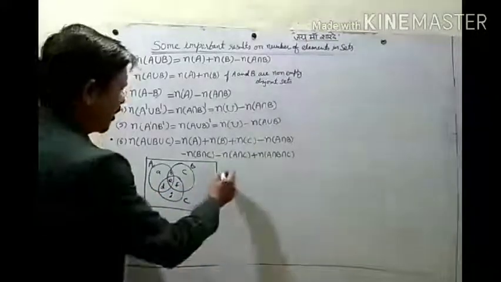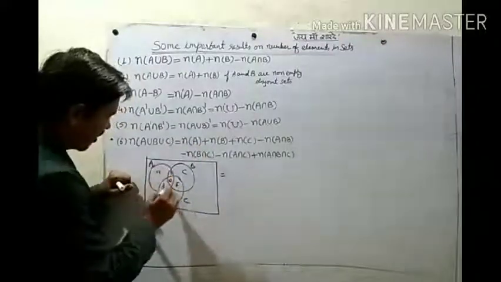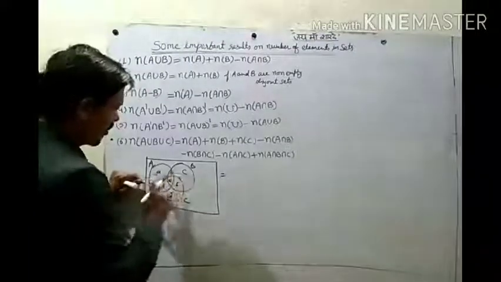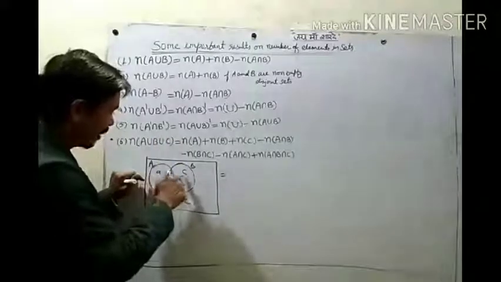If we find on the right side the number of elements in A, the A circle has elements A plus B plus D plus E.